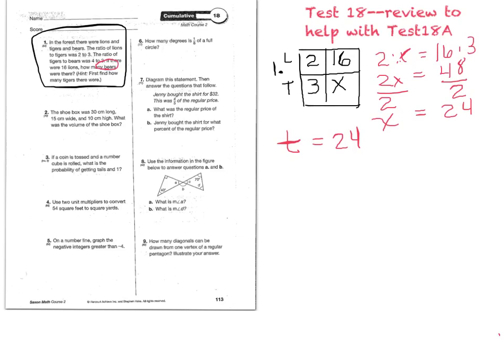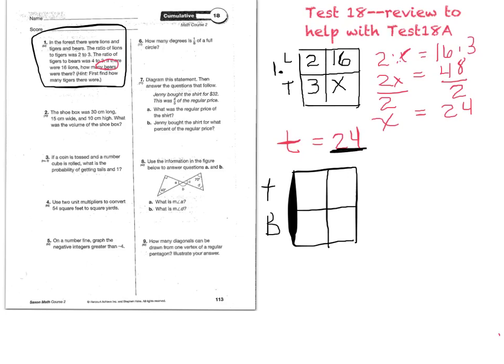So, we have to go back and set up another ratio box. And this ratio box is going to have tigers to bears. So we have tigers and bears, because we're looking for bears. Now we know tigers, and we know the ratio.